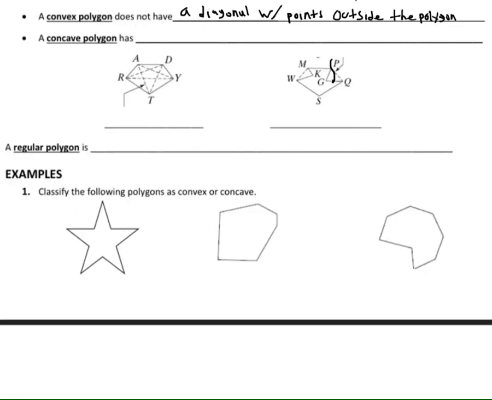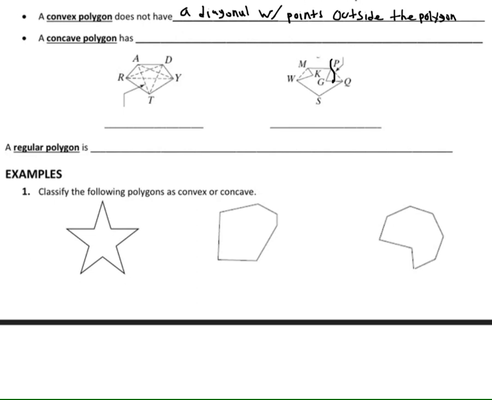Okay, now we're going to continue through our vocabulary, and the first thing we're going to look at is a convex polygon. A convex polygon does not have a diagonal with points outside of the polygon. If you look at this polygon on the left side, does everybody see the dotted lines?